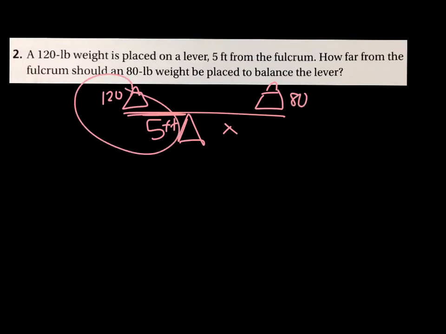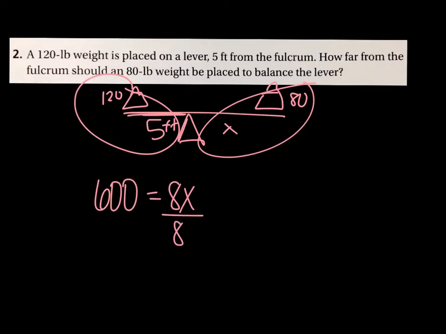So we're going to multiply these and set them equal. So 120 times 5 is going to be 600. And then 80 times x. Now divide both sides by 80. You get 7.5.